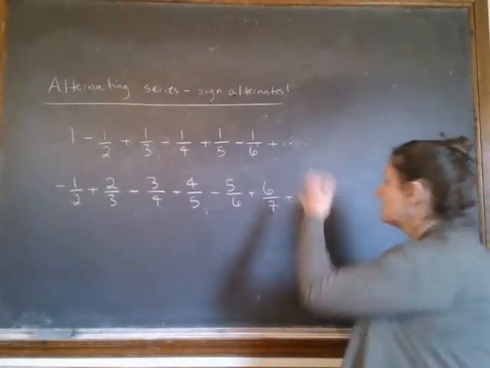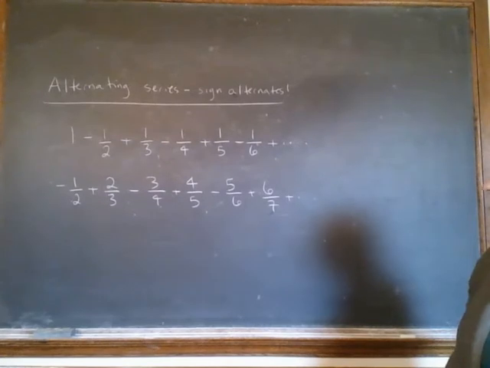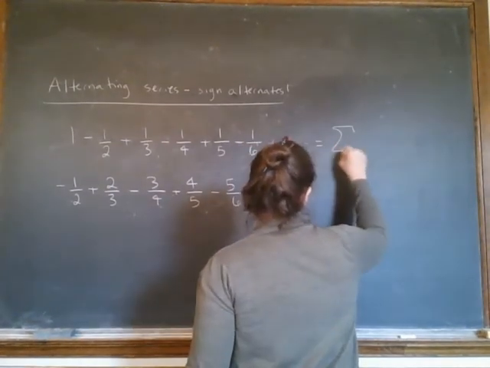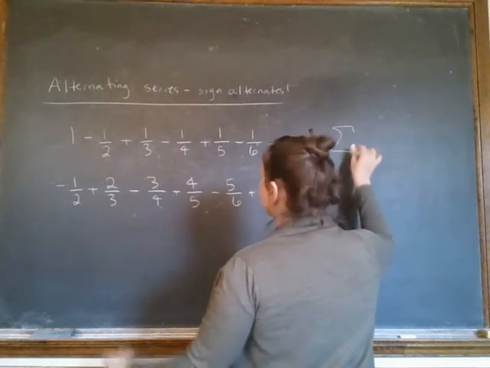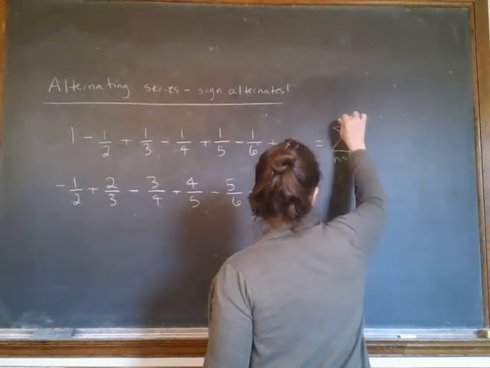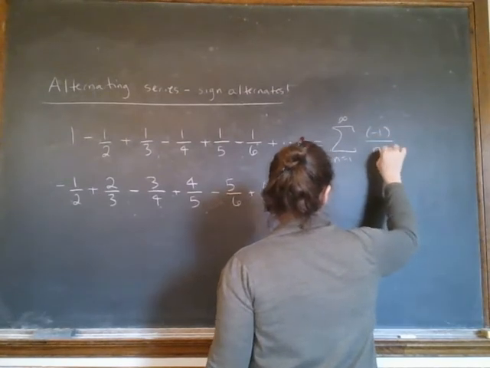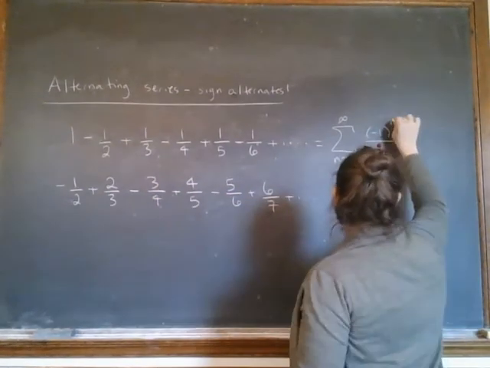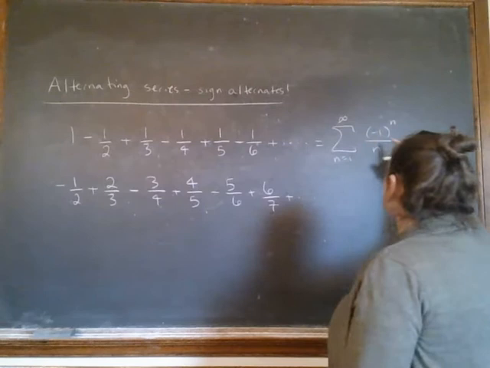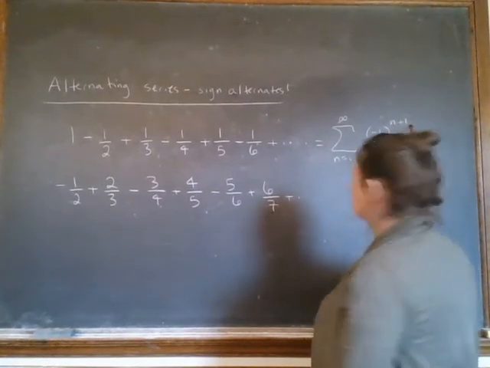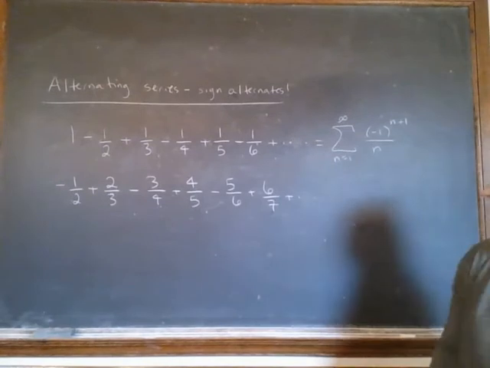So here on the board are two different alternating series. And how do we write this down? Well, this is just 1 over n, but it's got a negative 1. But if I do negative 1 to the n, for n equals 1, that would be negative. So you can write n plus 1, or you can write n minus 1. I don't care.